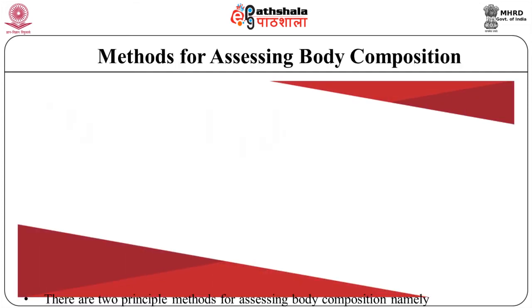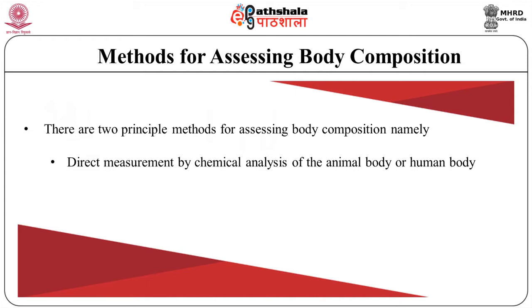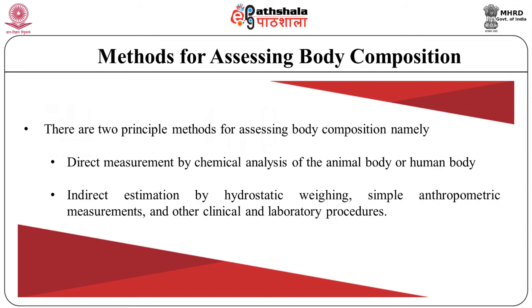Now let us understand the methods for assessing body composition. There are two principal methods for assessing body composition, namely direct measurement by chemical analysis of the animal body or human cadaver, and indirect estimation by hydrostatic weighing, simple anthropometric measurements, and other clinical and laboratory procedures.